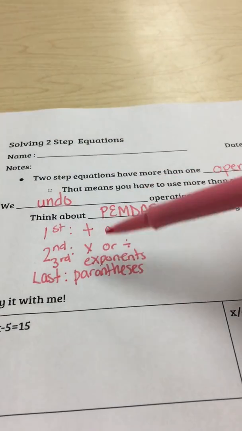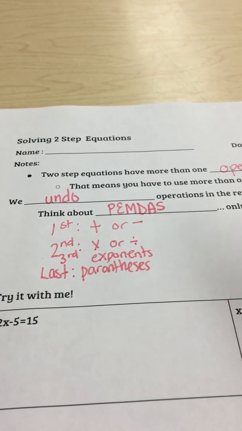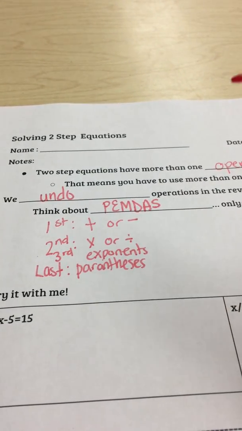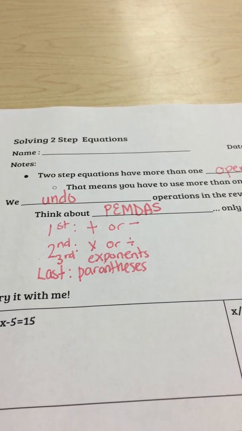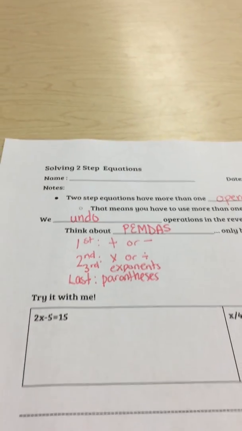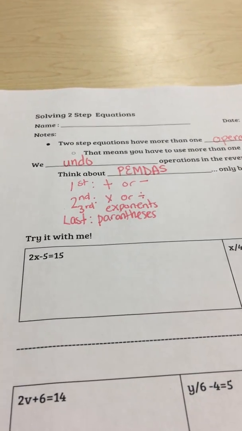Parentheses last. To be very honest with you, you're not going to see many parentheses and exponents problems in this stuff while we're practicing two-step equations. Almost all of them are going to have to do with adding, subtracting, and multiplying and dividing. Okay, so it's a lot to get in just a short amount of time, so let's try this.